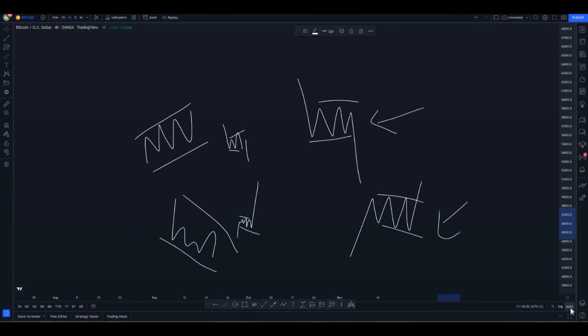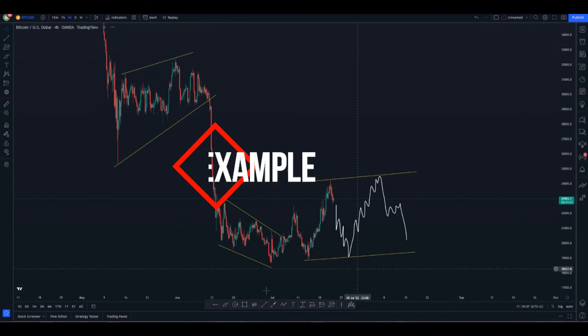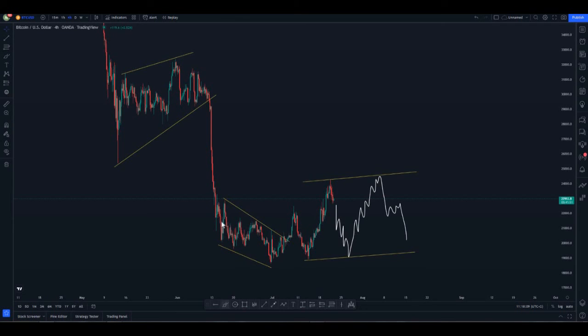So let's go to Bitcoin, just to show you what we have been talking about. When you see this pattern forming, the reversal structure, the corrective reversal, don't take it as the market having changed direction and going up. Don't take it as that at all.